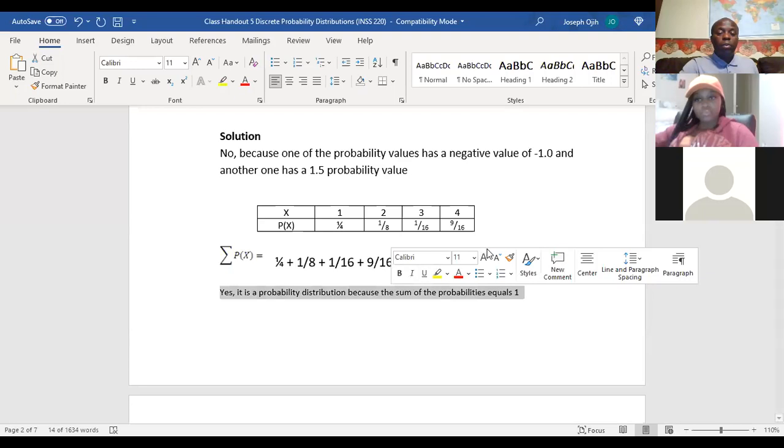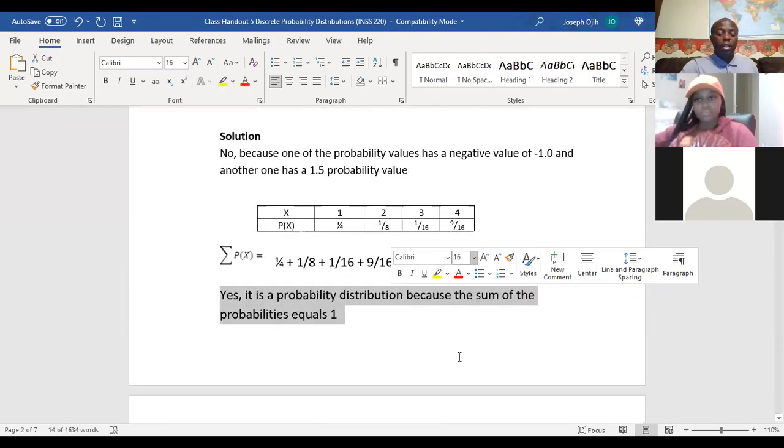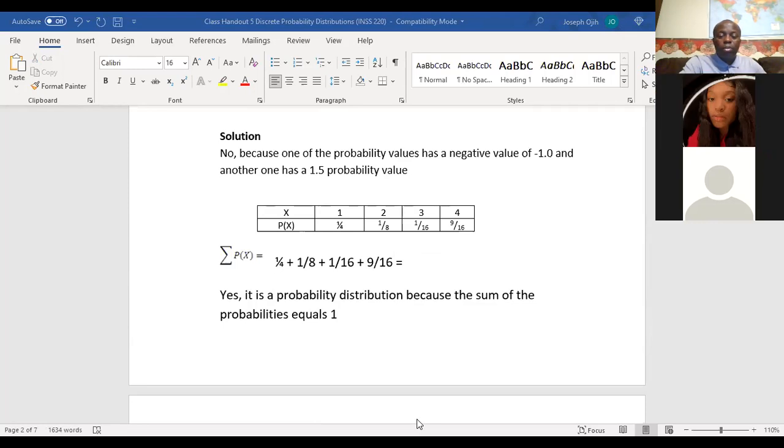So because the sum is equal to 1, it is a probability distribution. Any question before we move on to the next stage? No question. Okay, good.